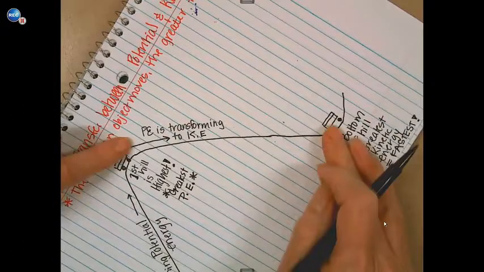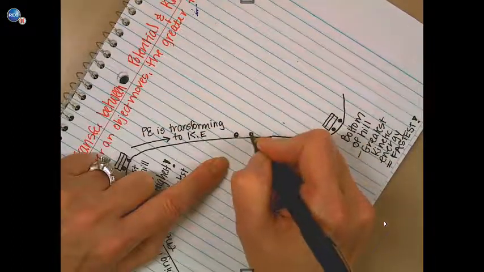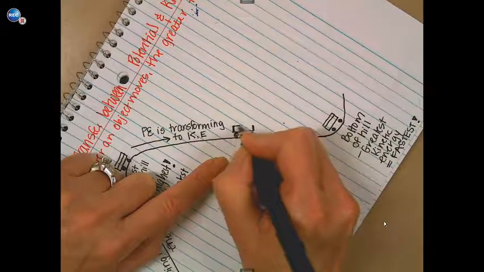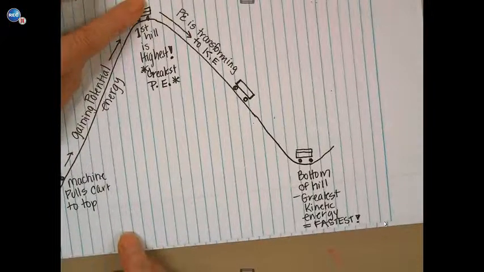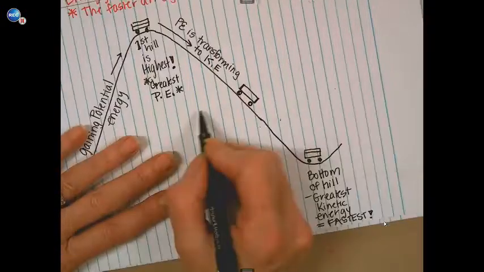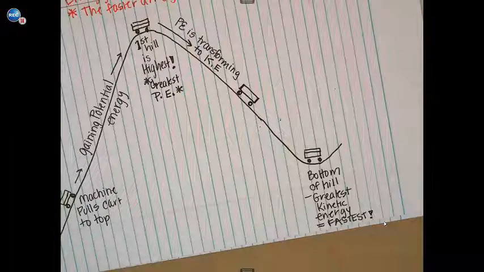If we are sort of midway, maybe right here, if the cart is right here, in the middle of the track between its greatest potential energy and its greatest kinetic energy, the midpoint is where both kinetic and potential energy are equal.